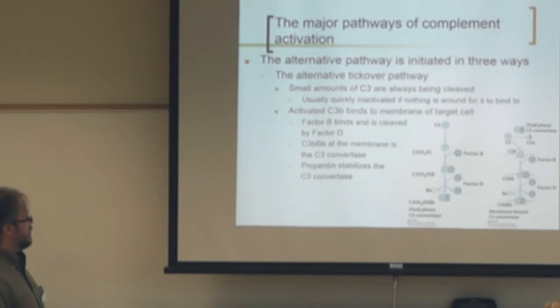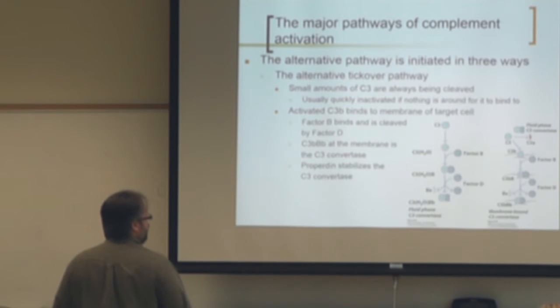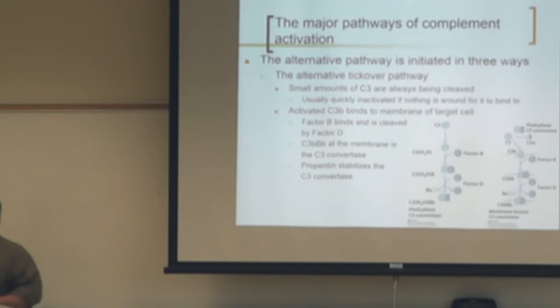If there isn't a cell for this to stick to, then it's not going to continue, because as you remember, C3b has to quickly bind to something. This complex has to be stabilized by another molecule to stay stable and continue on.